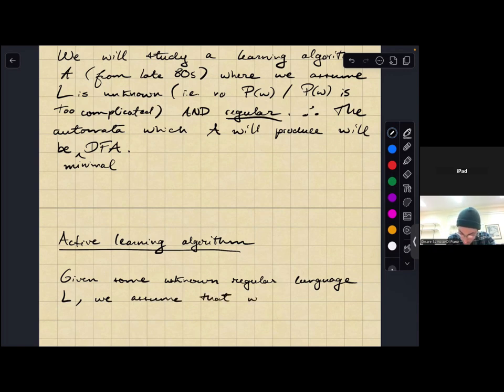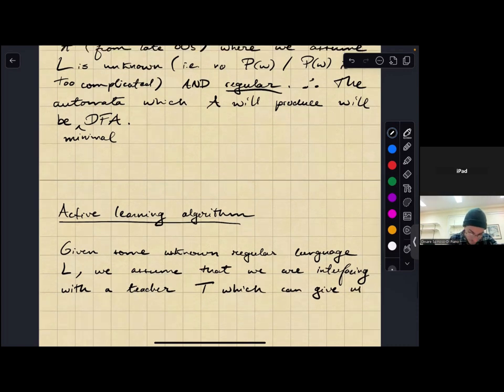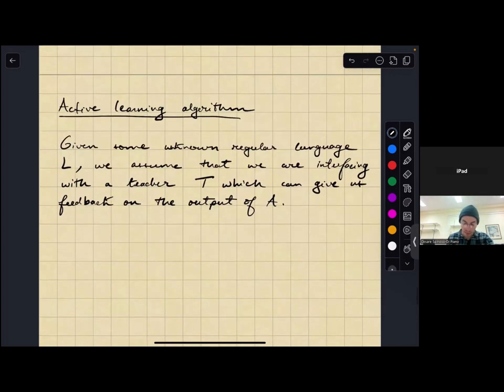that we are interfacing with a teacher T, which can give us feedback on the output of A. So what exactly do I mean by this?